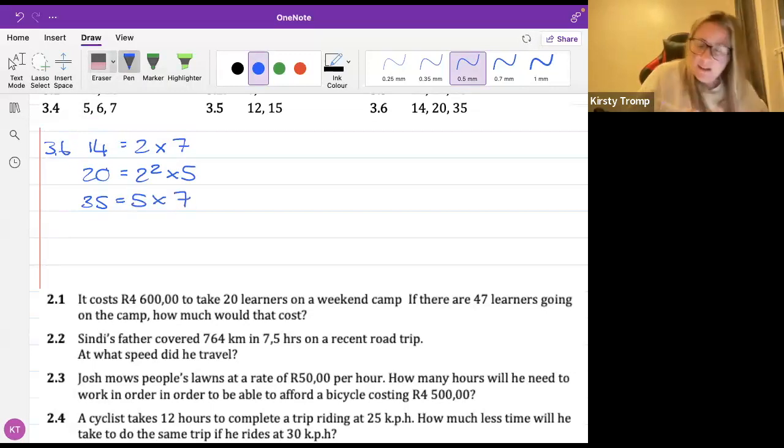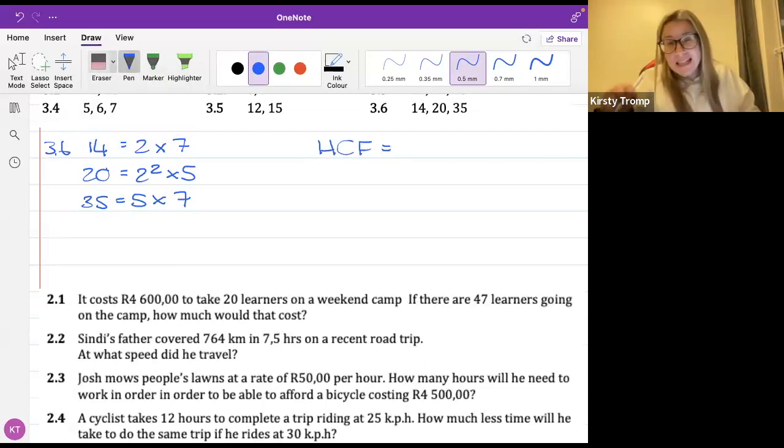Do you agree? Yes. Okay, so now, if I was doing the HCF, so we want to be friends, we want to all look the same, all that story, all right? Let's look at these numbers. Okay, first of all, I've got a 2, I've got a 2, and I don't have a 2. Can I write down a 2, Slindile?